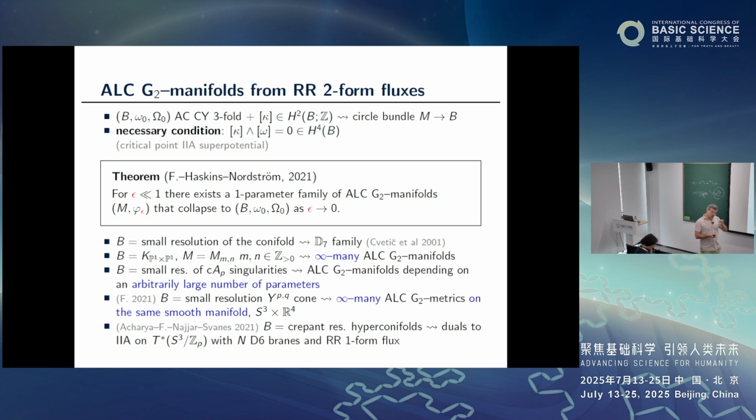And when I say moduli of the Calabi-Yau metric, I really mean both Kähler and complex structure moduli together. They all become moduli of the G2 metric, indistinguishable. Which one is which?